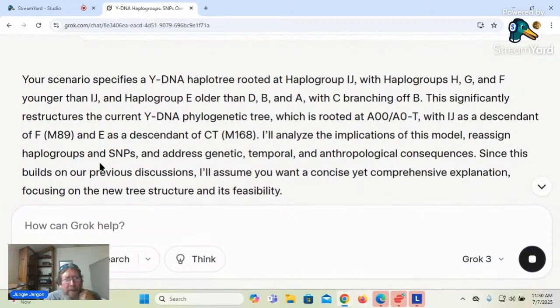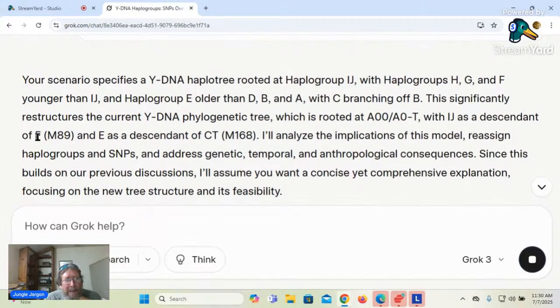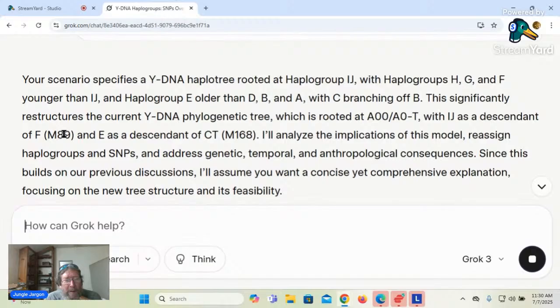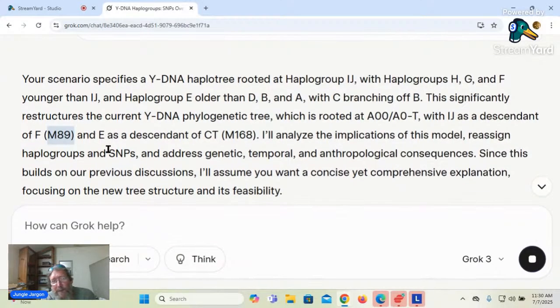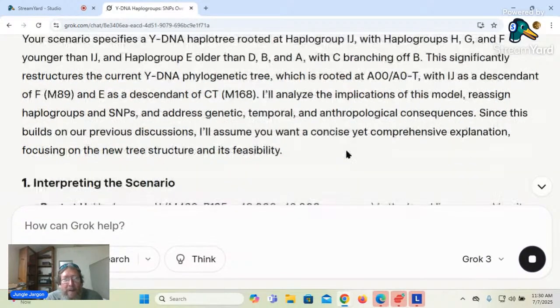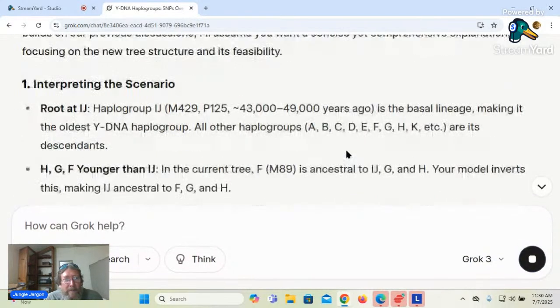Okay, anyways. So F, G, and H are all under this S&P marker right there. They have their own unique markers, but they don't have a new defining marker. They have the same marker as all the other Semitic and Eurasian lineages.